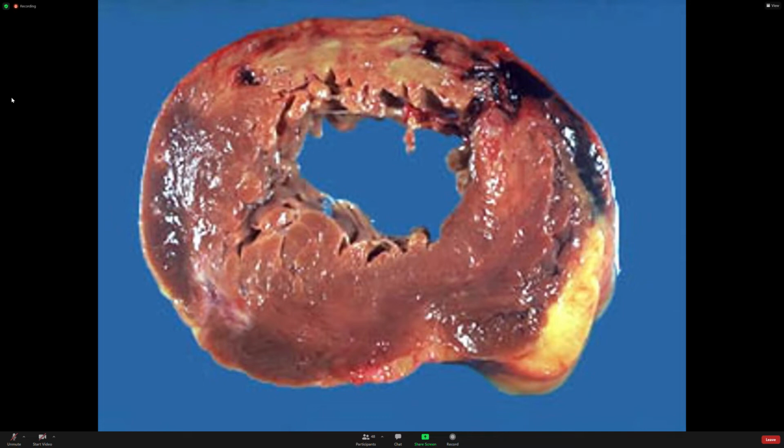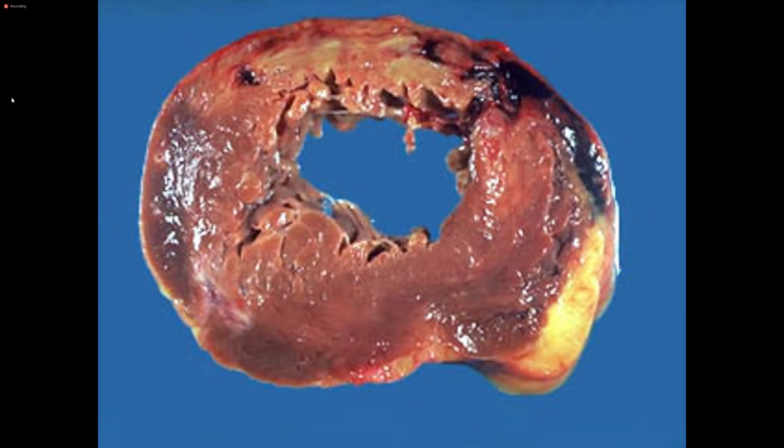Other complications, the aneurysm, ventricular aneurysm can happen, and the rupture of the wall of the ventricle. The rupture of the wall of the ventricle occurs between the 4th and 7th day post-infarct. It happens after this time because of the weakening that occurs in the wall of the ventricle because of the coagulative necrosis.